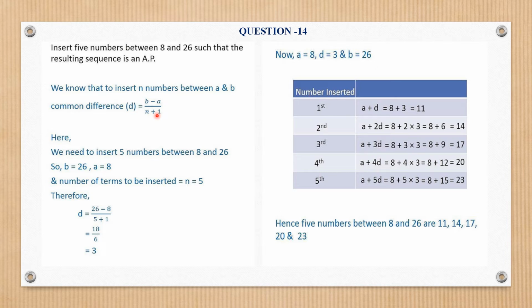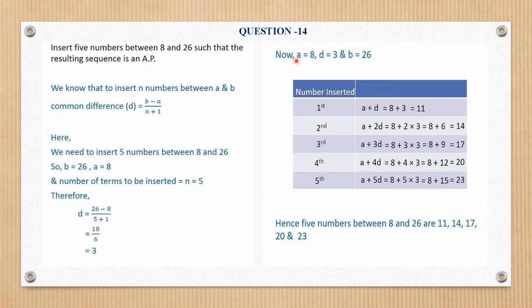To insert 5 numbers between 8 and 26, the number of terms to be inserted is 5. So D will be 26 minus 8, that is B minus A, divided by n plus 1. So D is 3. This is one way of solving this question.